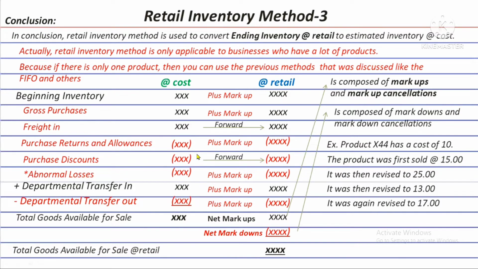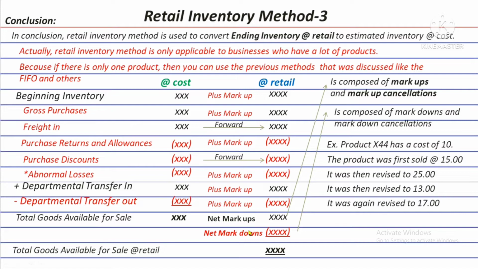But with the exception of the freight in and the purchase discount, because again, it is impossible and illogical to put markup on them. But aside from these elements here, net markups must be added and the net markdowns must be deducted also to get the tigas at retail.